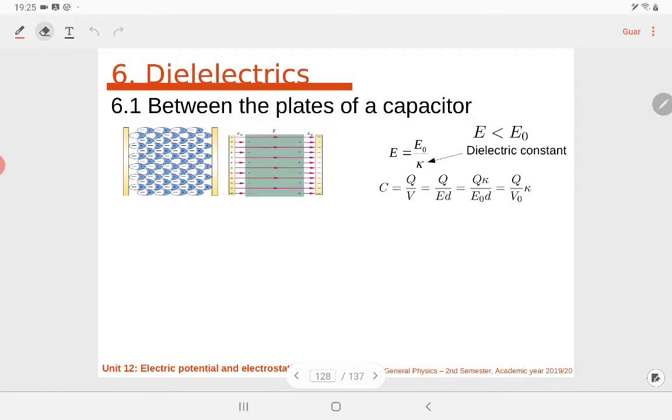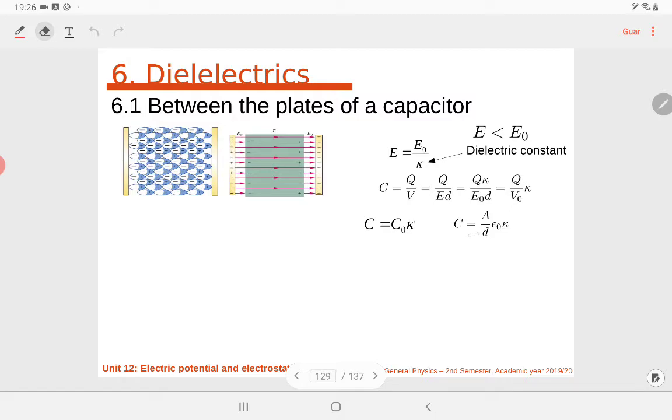And in this case, when we have a dielectric between the plates of the capacitor, the electric potential is going to be E times D, where E is smaller than E sub 0, and it's equal to E sub 0 divided by this kappa. So the capacitance is going to be Q divided by E sub 0 D times kappa, which is this here is the original capacitance. So the final capacitance of the capacitor when we put a dielectric constant kappa is increased by this factor kappa.